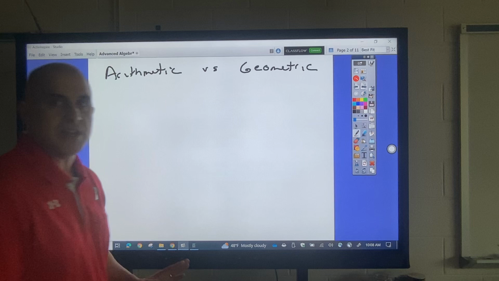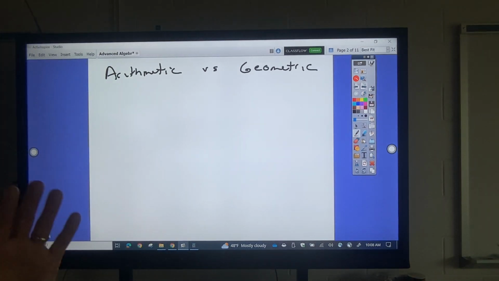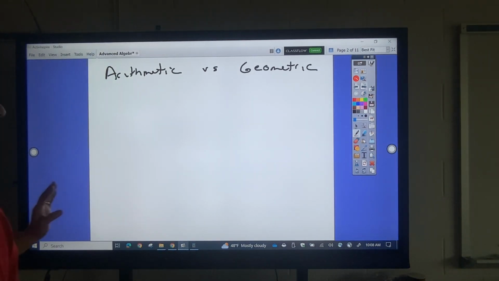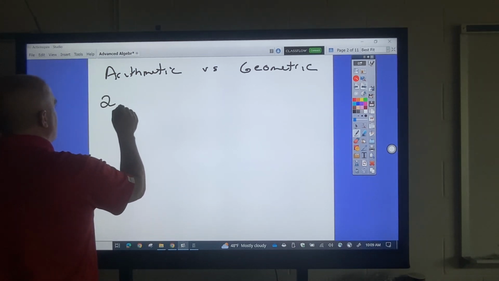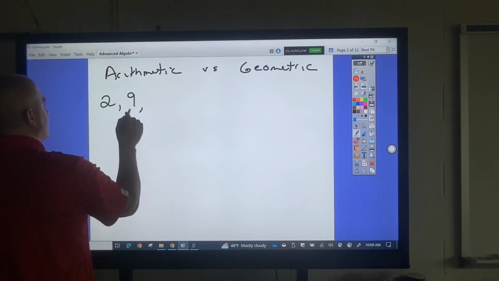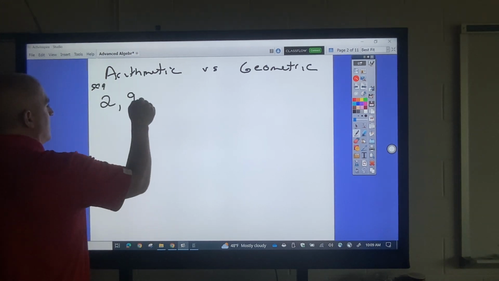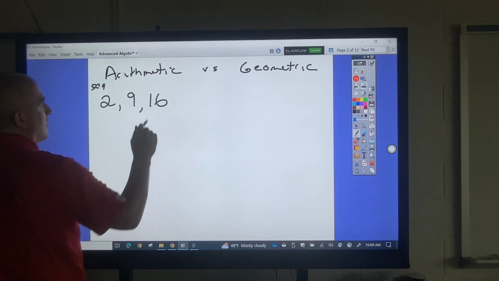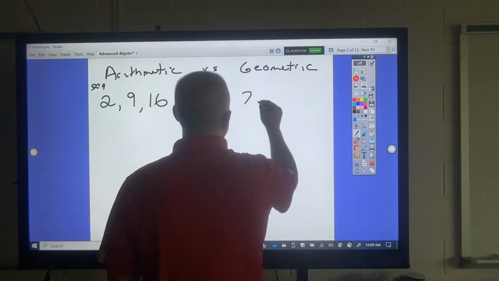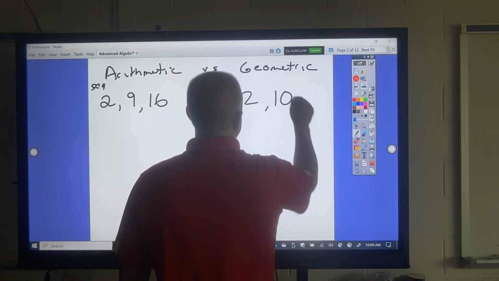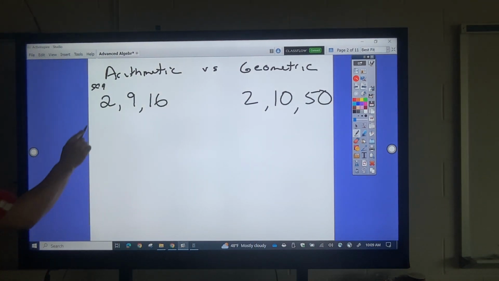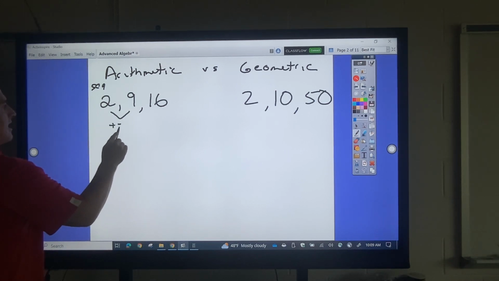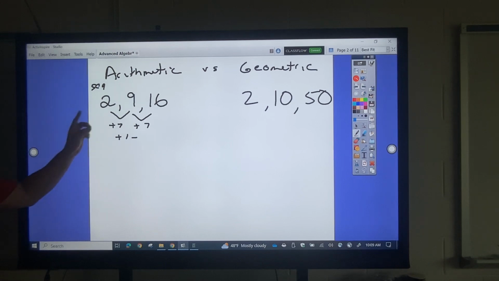The first thing we need to talk about, so vital to the whole process, is understanding the concept of arithmetic versus geometric. This is a sequence, when the numbers have commas in them. With arithmetic, the pattern is a common number that these are either added or subtracted by, so they're adding 7.